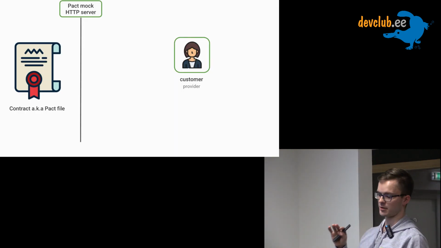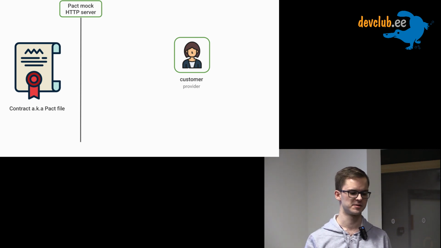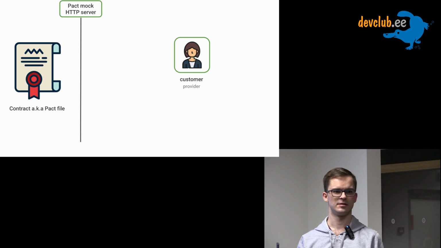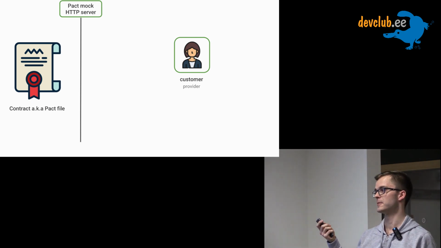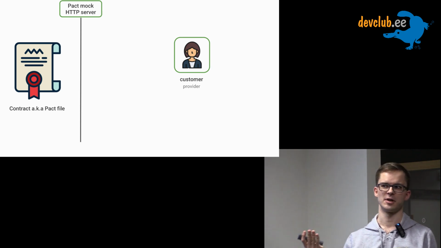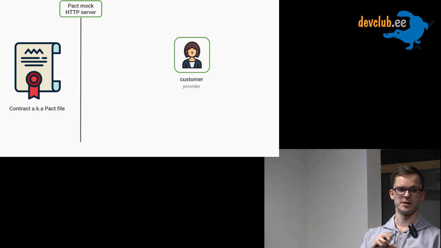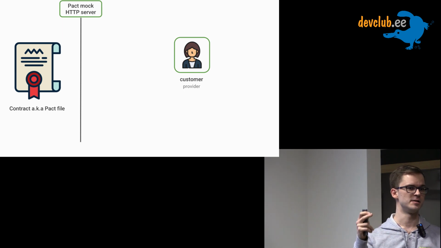And now that you have this Pact file, you can give it to the provider side, in this case customer service, and you start the test there. It will also set up this Pact mock HTTP server, or actually, probably not an HTTP server, but still. It will read in this Pact file and will start to replay these interactions that were written to this Pact file.